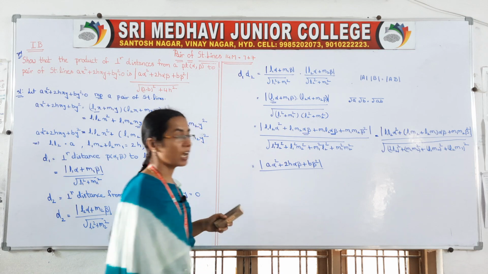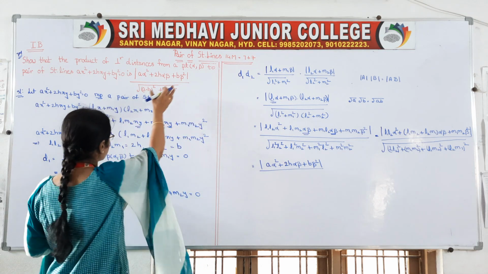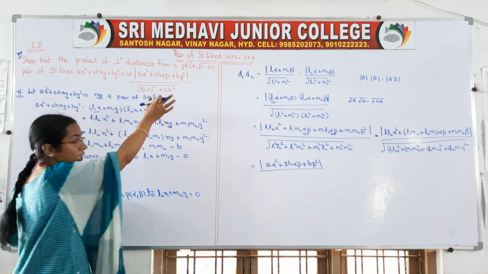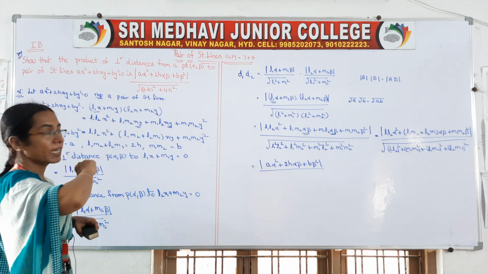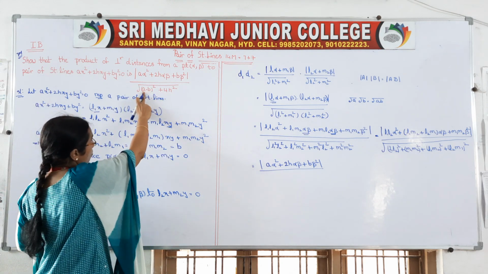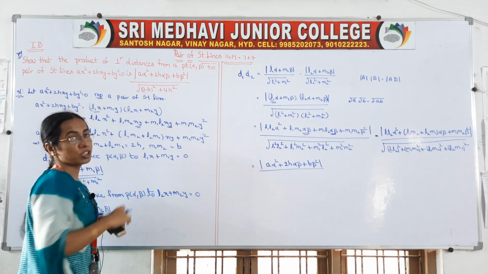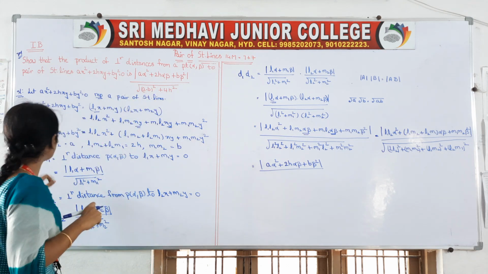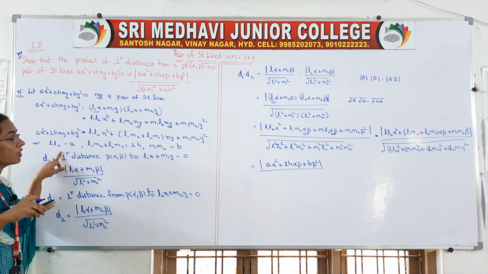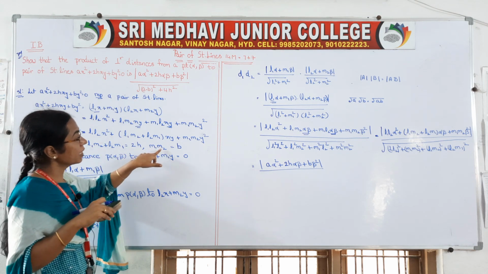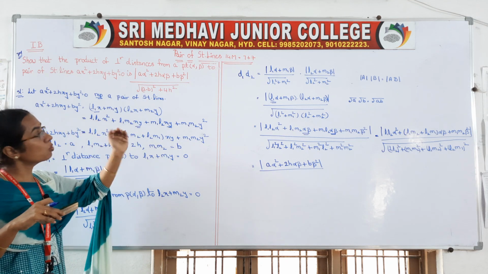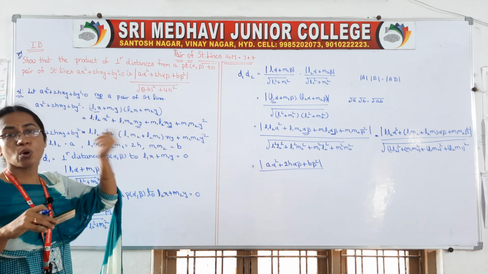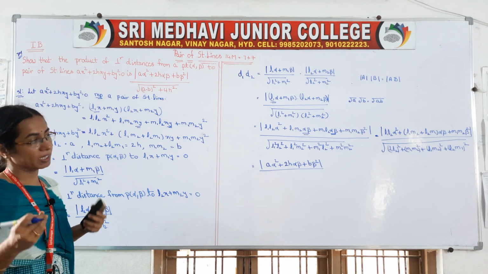Which value do we have to get? This is a show-that problem, so you know the answer, and according to the answer we have to shape the expression. We should get (a minus b) whole square, where a is L1 L2 and b is M1 M2. So we want the form (L1 L2 minus M1 M2) whole square.